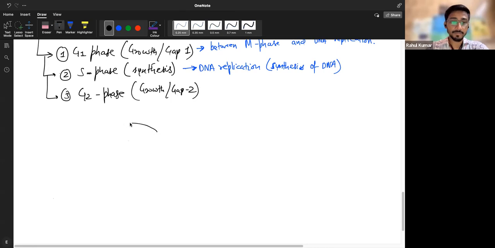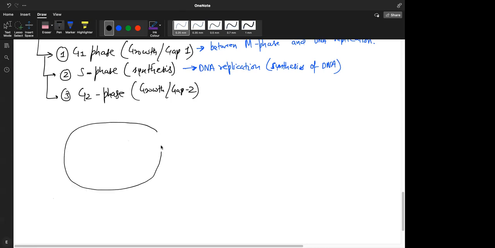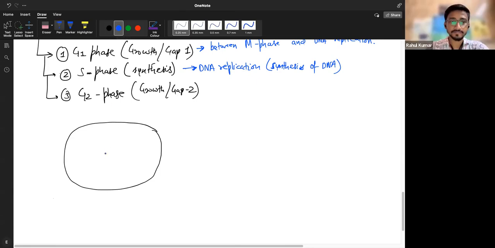Exactly. So now pay attention here, everyone. Just to explain, no one will ask you to draw this diagram. But to begin with, every cell is like this, right? Let's just say this is the nucleus, this is the cell. Inside the nucleus, you have chromosomes. Okay?